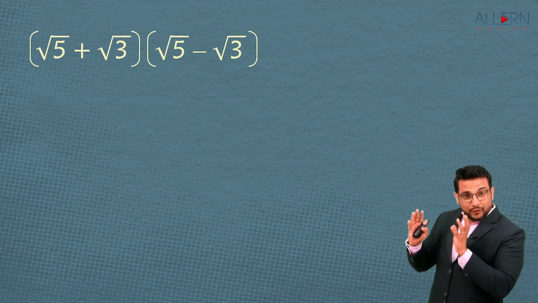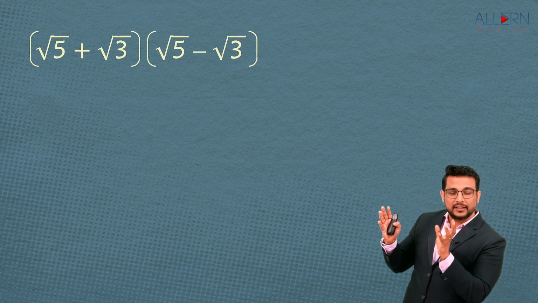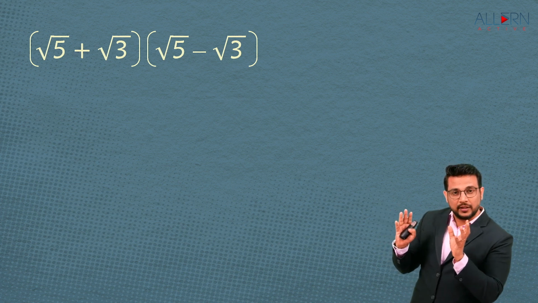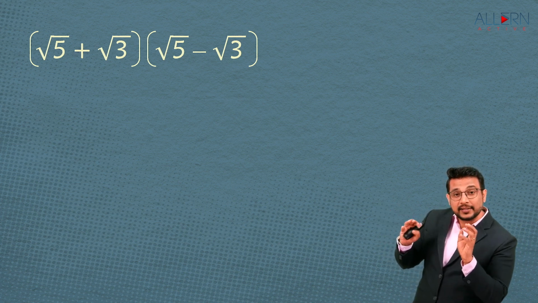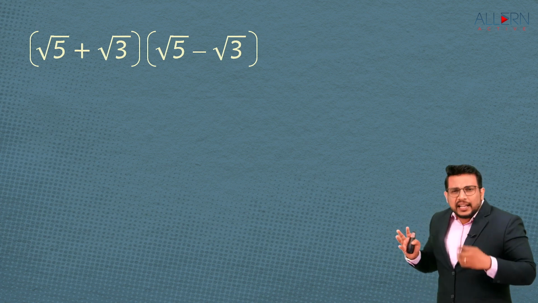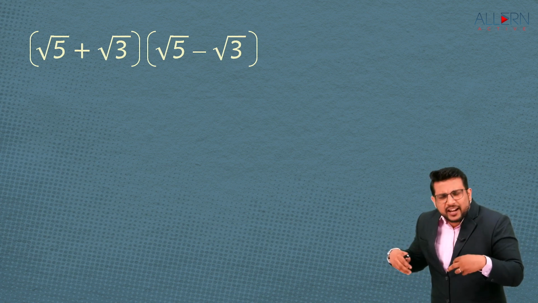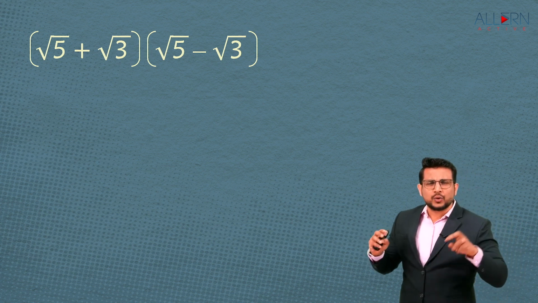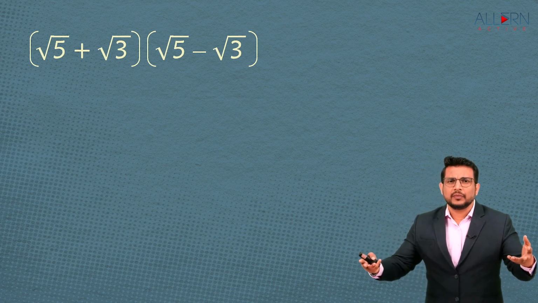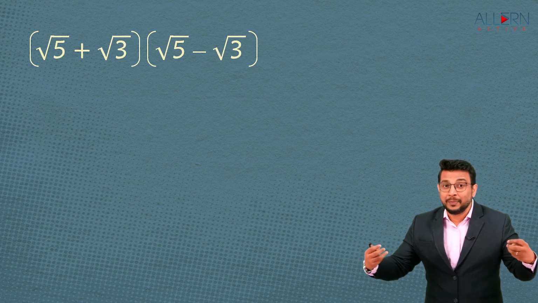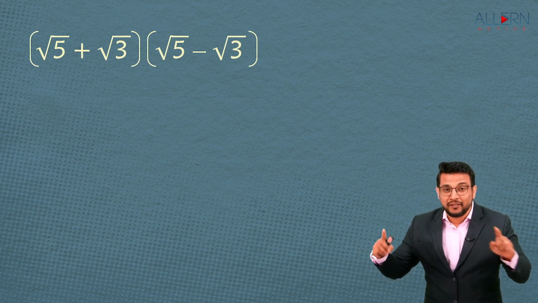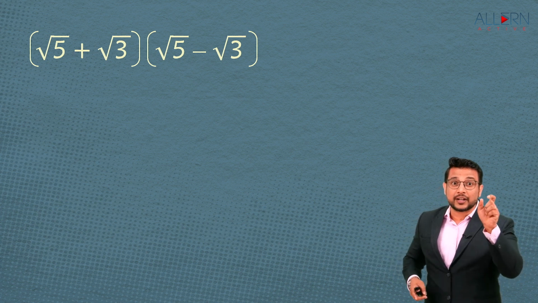So that is how I've got the next binomial surd as root 5 minus root 3. How did I get it? By changing the sign of one term. Let us multiply this too and check whether root 5 minus root 3 happens to be a rationalizing factor.